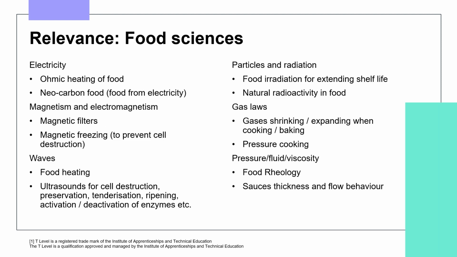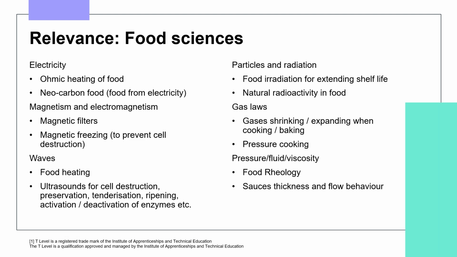For food sciences, here's a few examples of where the relevance could be set, such as ohmic heat, which is based on the electrical resistance of food, where an alternating current is used and can ensure uniform, rapid heating with minimal heating of the product surroundings.